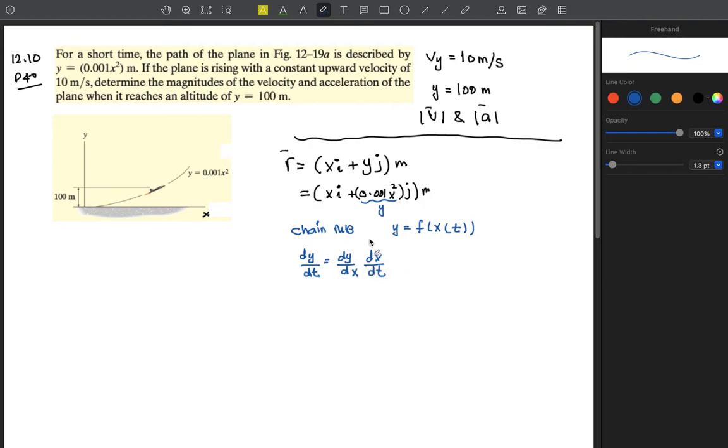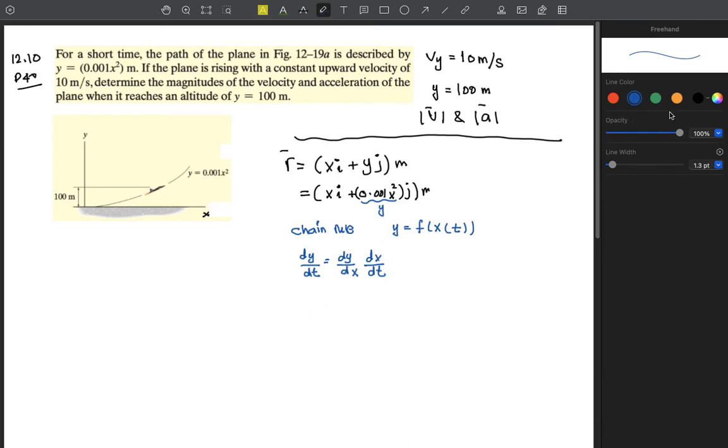Now, we immediately know that dx over dt is vx. The derivative of the position in the x direction is the velocity in the x direction. So this term we already know. Okay, so let's carry out our differentiation.